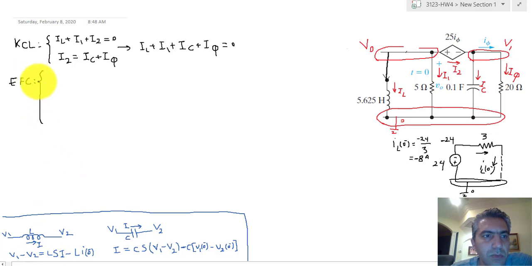So V out minus 0 is equal to L, which is 5.625, S. This is S, so I'm going to have to make sure that I can differentiate between S and 5.